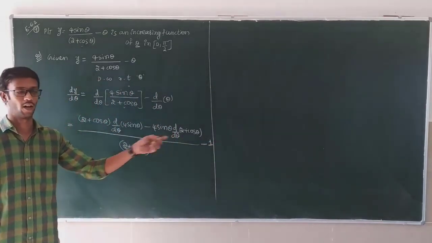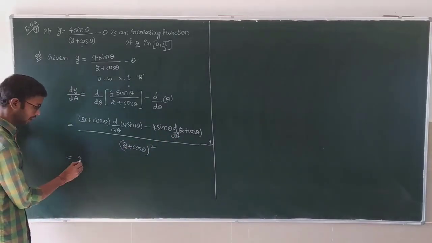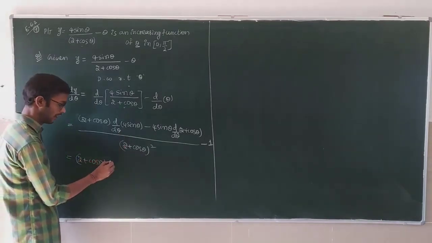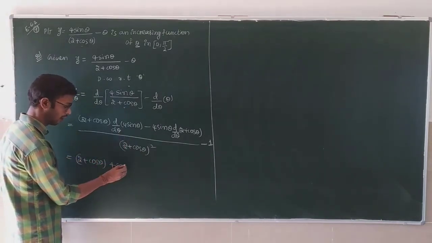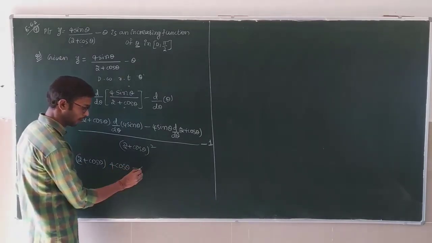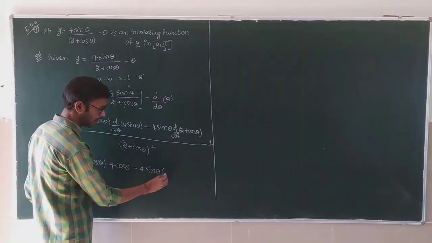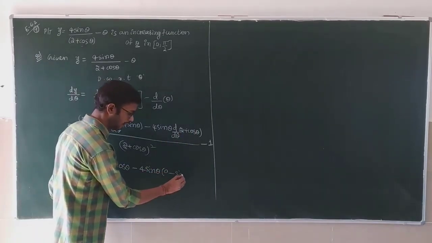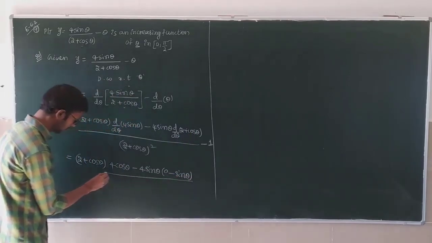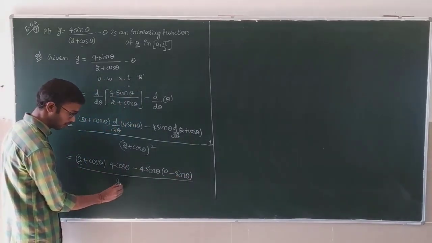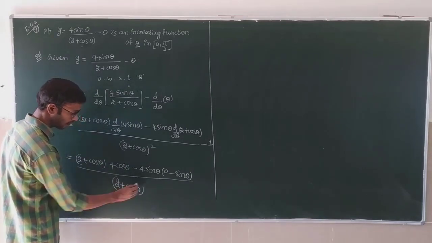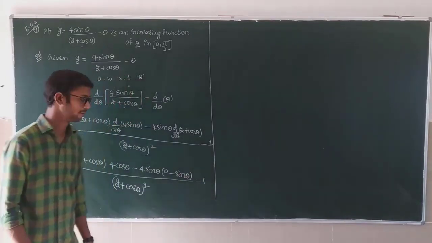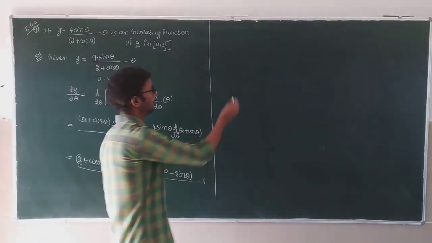That you have to write, don't forget that. Next, 2 plus cos theta into the derivative of 4 sin theta, which is 4 cos theta, minus 4 sin theta into the derivative of 2 plus cos theta: derivative of 2 is 0, cos theta derivative is minus sin theta, whole divided by 2 plus cos theta whole squared, minus 1.